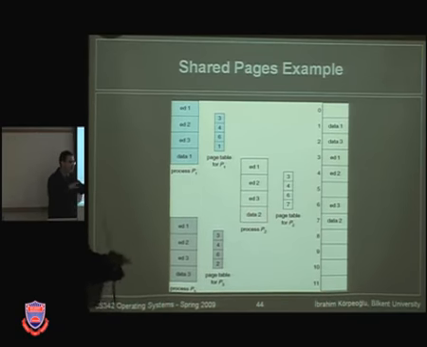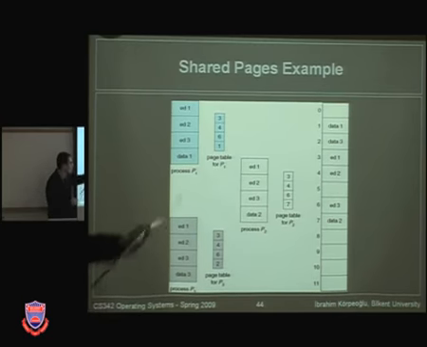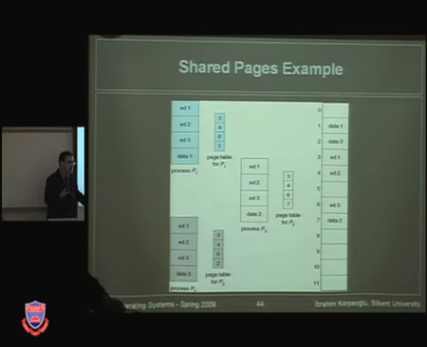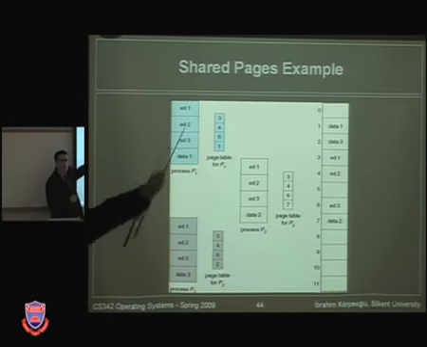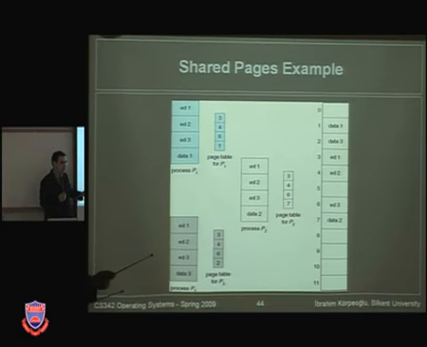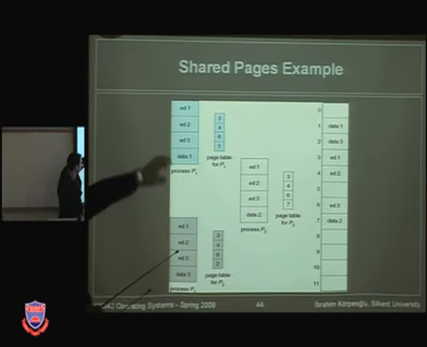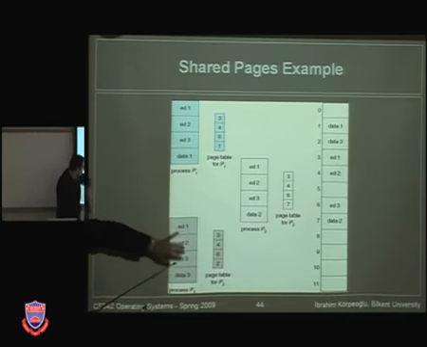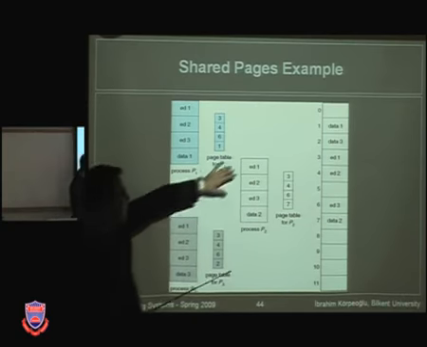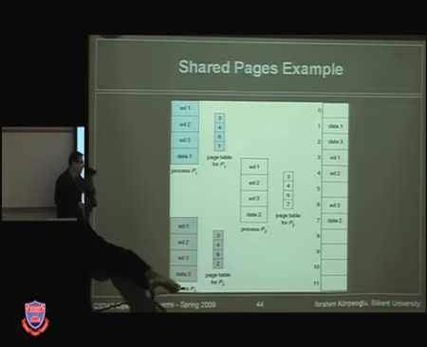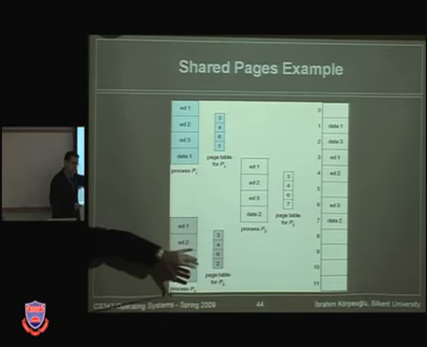Since each process may have a different user attached to it, each user may type different things, so the data part should definitely be different, right? But the instructions that are executed will be the same for each process. Then what can happen? Each process will have the same instruction pages mapped into its address space, but each will have its own data, okay?